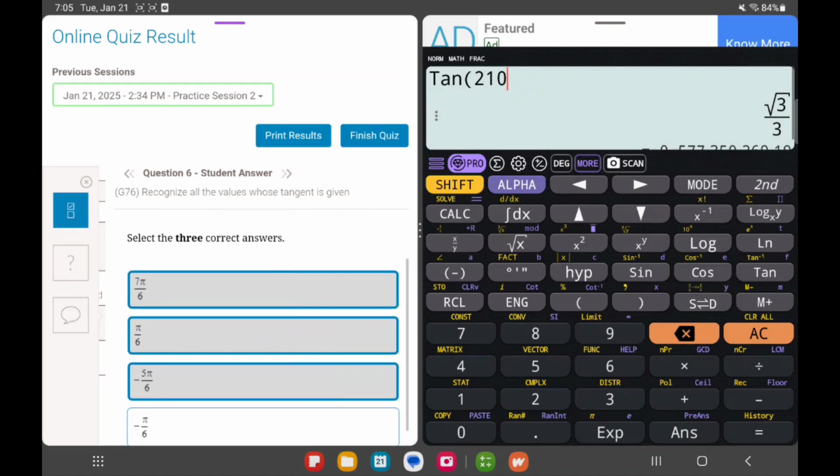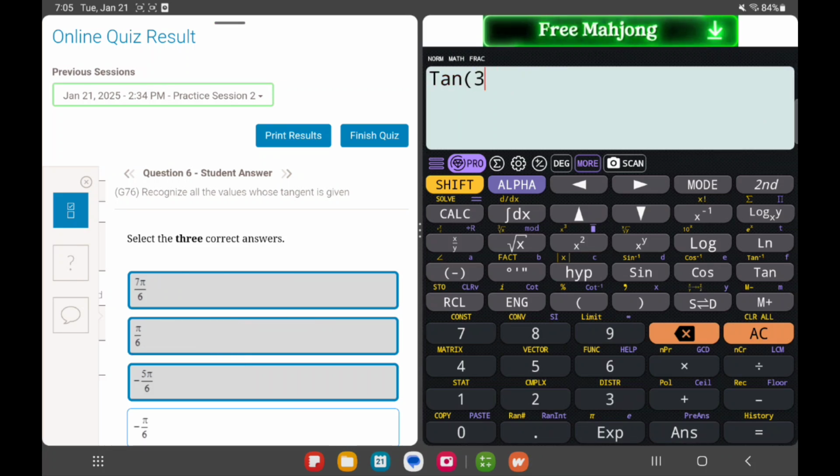Okay, so let's keep converting here. Times 180 over pi, cross this is 30. So tan 30 is radical 3 over 3. Now let's also convert here.